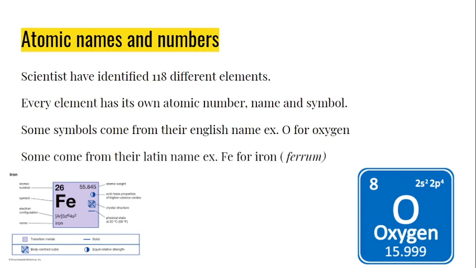some of the actual symbols come from their Latin name. Now, Fe for iron is actually from this word right here, which is ferrum. And ferrum is actually the Latin term for iron. Now, when I think of Latin, it's a dead language, which means nobody really speaks it to communicate anymore out loud.